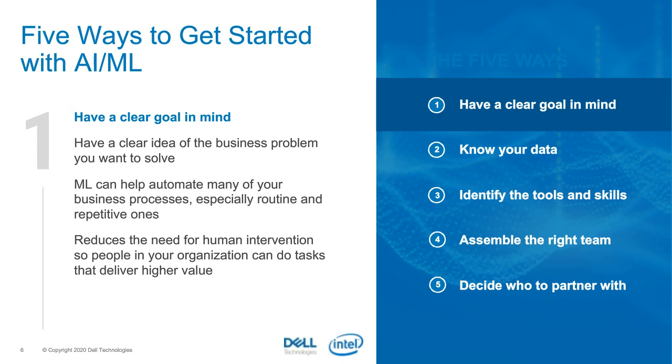You can use AI to automate these processes, and they can be used to speed up things like response times and reduce errors. That is your end goal, and that then drives the type of machine learning algorithms you're using. It drives what data is needed for you to achieve those goals.